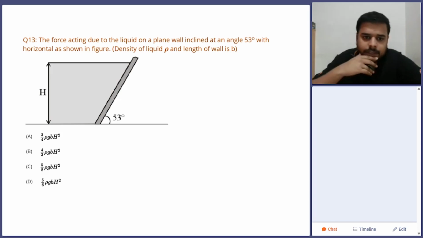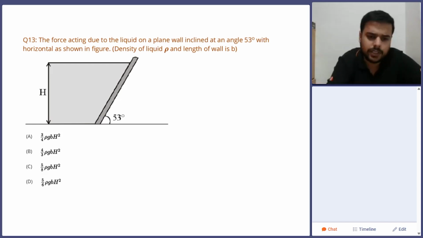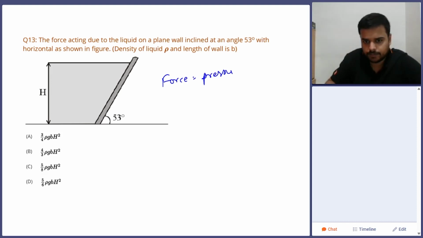The force acting due to the liquid on a plane wall inclined at an angle of 53 degree with the horizontal. Basically, how much force will the fluid apply on this wall? That's what they are asking, right? So force is pressure into area, right? So pressure will be rho g h by 2, right? This much distance.